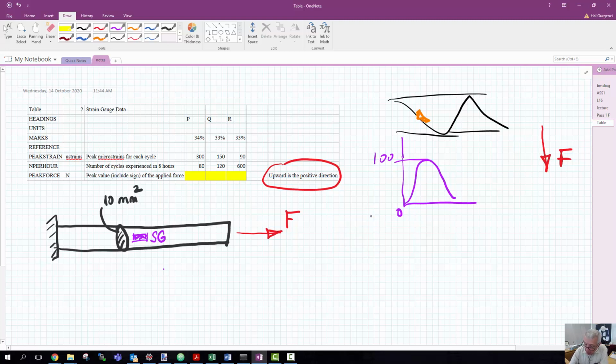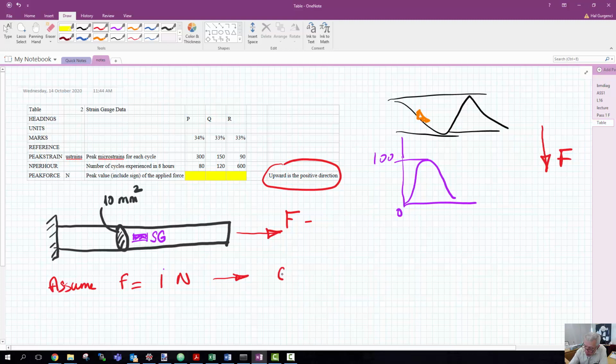So I'll probably solve it the way you should solve your assignment. So I'll say, okay, from F, if you say F is equal to 1 newton, let's say assume F is equal to 1 newton acting in that direction. Or you can have anything, you can have 10 newton, but let's say unit is good.